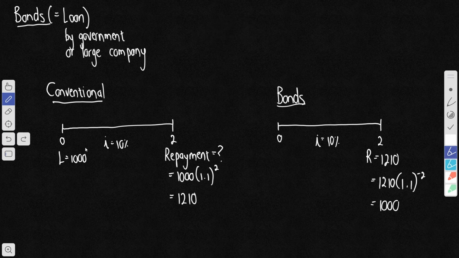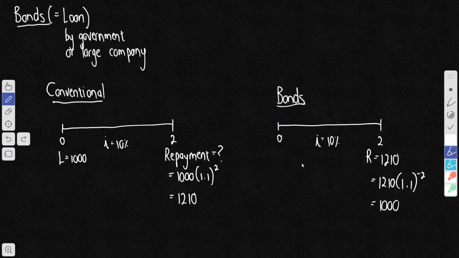So where a conventional loan agreement specifies the amount that will be paid over to the borrower at time 0, and then the repayment amount is calculated from this loan amount, bonds work in reverse and specify how much the investor will receive at the end of the bond term. The investor then has to calculate the amount that he or she is willing to pay for this particular cash flow.